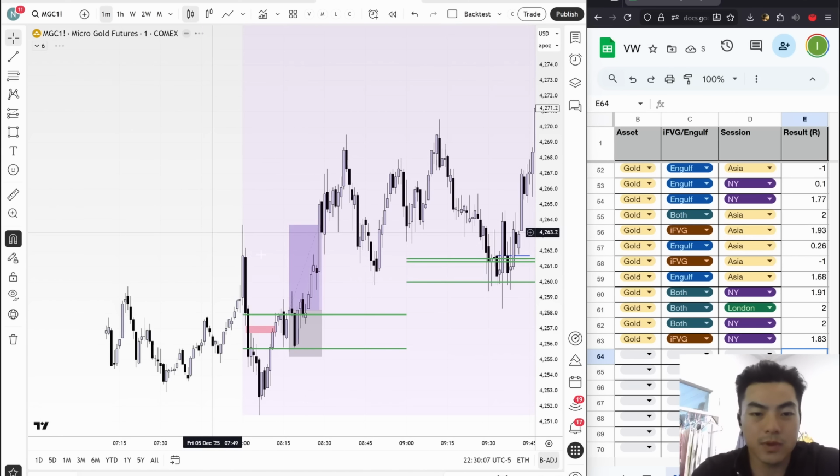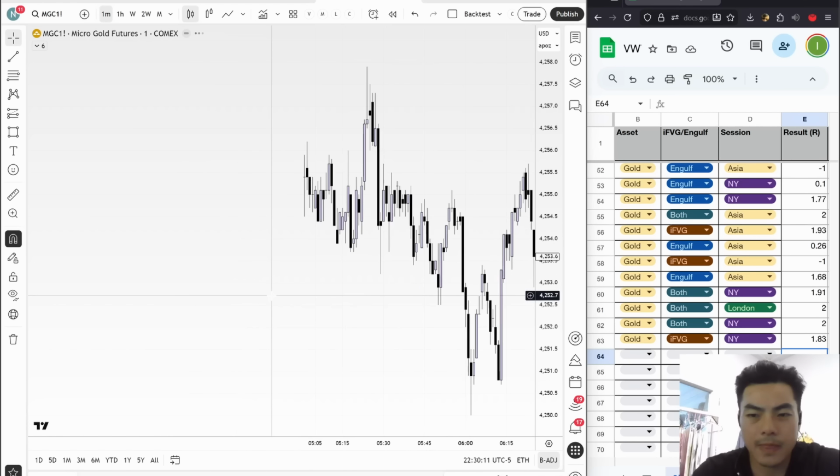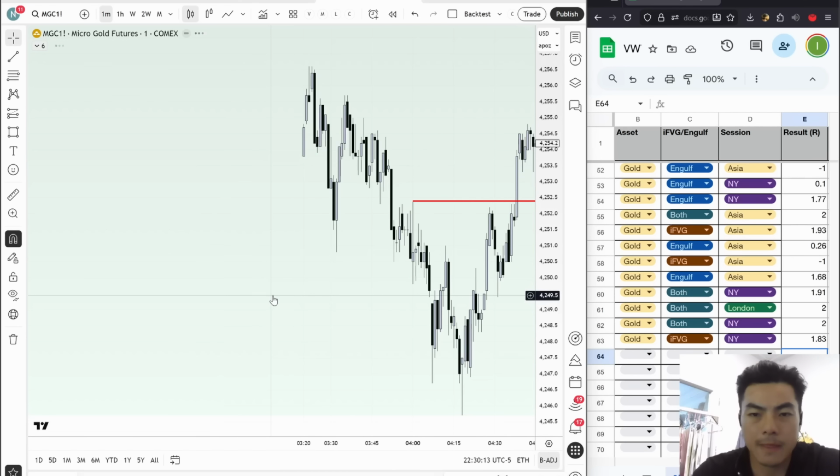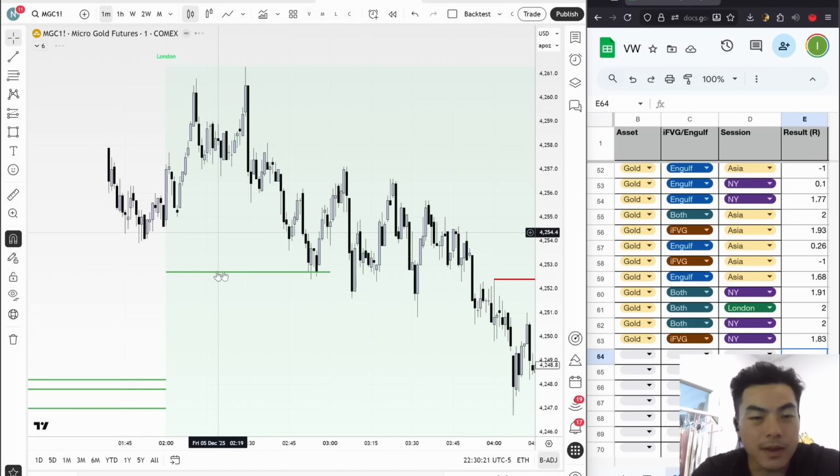Alright, moving on. Nothing there. It's a bearish POI. We never get a close above and back below. Nothing there.